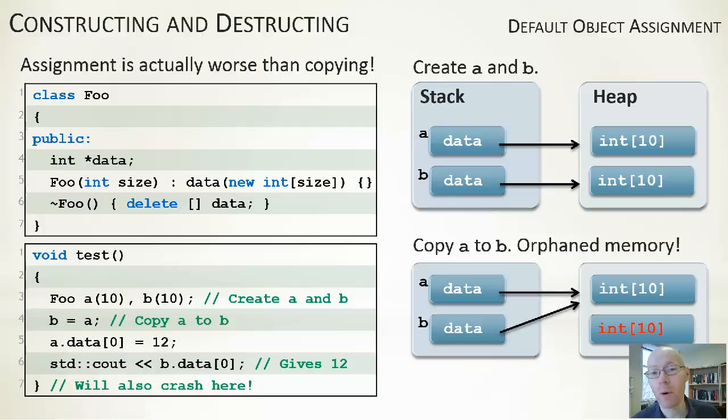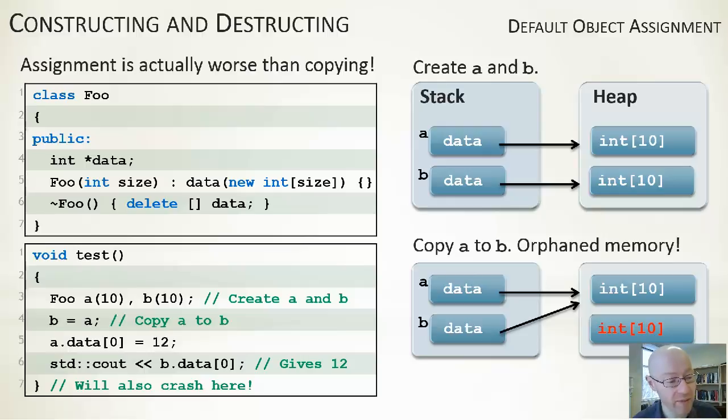In line 4, we're using copy assignment. So B is being set to the same value that A has. And we have a default copy assignment operator built in, and again it will do a memberwise copy. So we'll copy across all the instance variables, in this case data, from A into B.